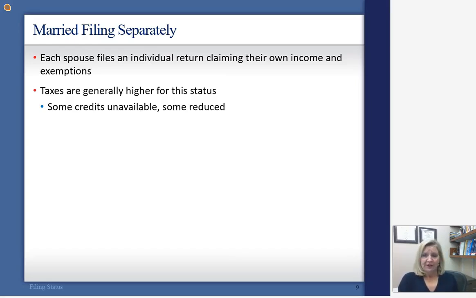I do have a few clients that come into my tax clinic that really want or need to do married filing separately. The taxes are generally higher, you lose credits, and some other credits are reduced. And so a lot of clients, once they hear that, will choose to try to figure out a way to do married filing jointly.